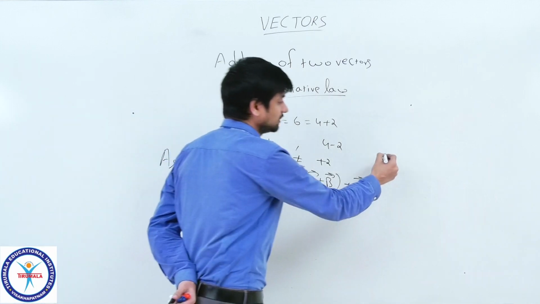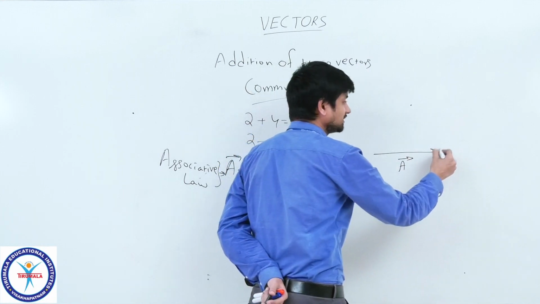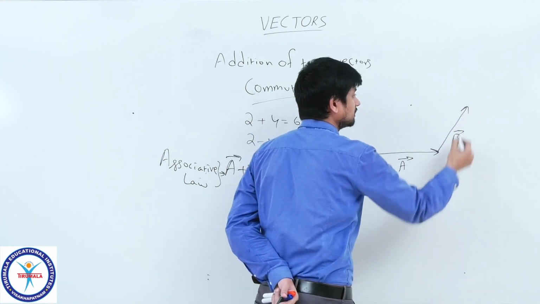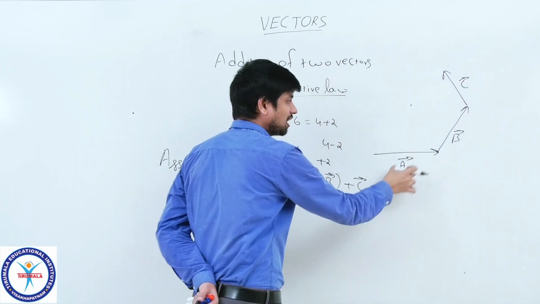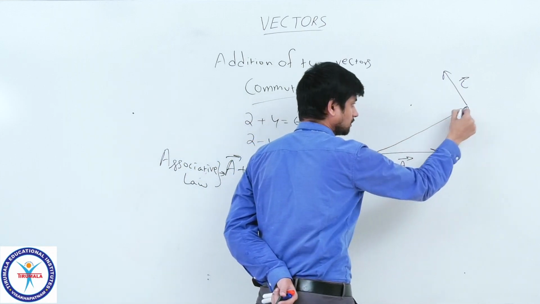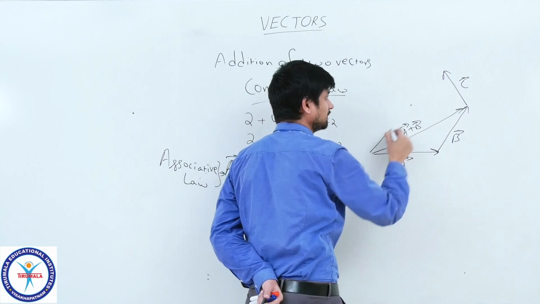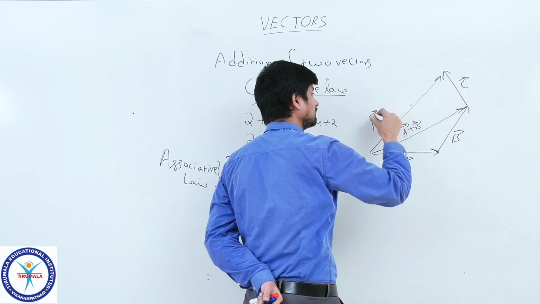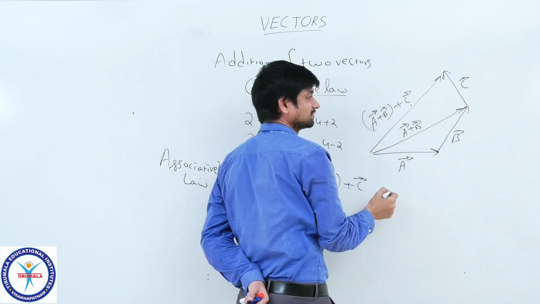Yes. See here, this is A bar. Okay. This is B bar. This is C bar. Okay. So, A bar plus B bar gives you this, and this one A bar plus B bar plus C bar, right.